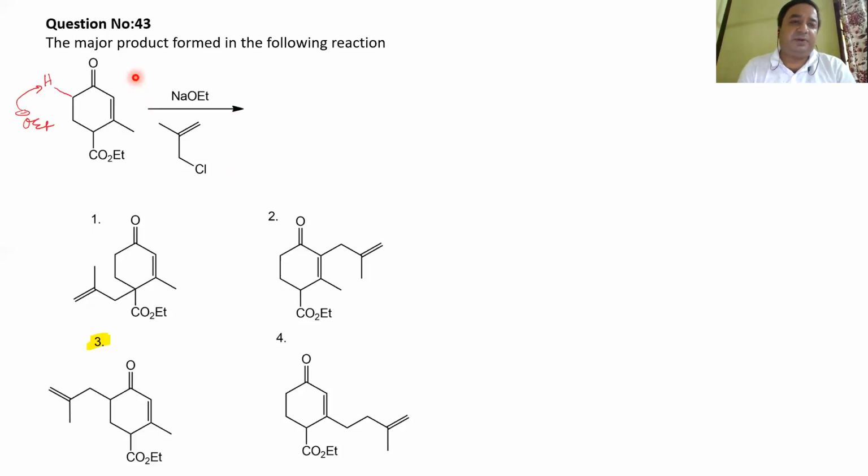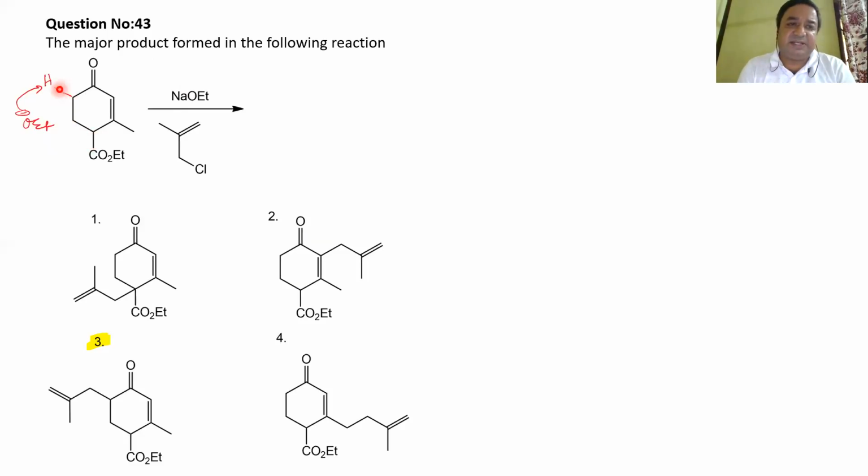Here, we have to consider NaOEt as a base, and we have to look for the acidic hydrogen. Having a close look, we can identify this particular carbon having C-H protons to be acidic. Again, there's one proton over here that also is going to be acidic.